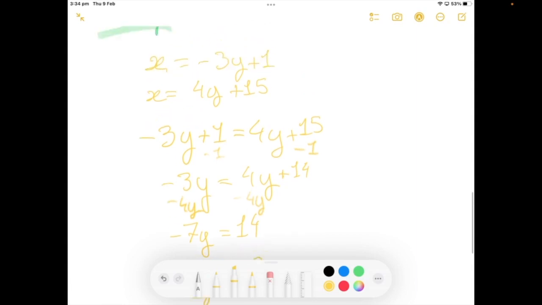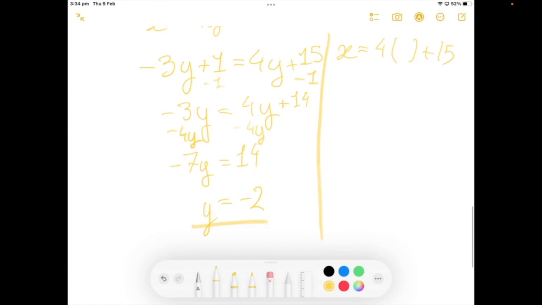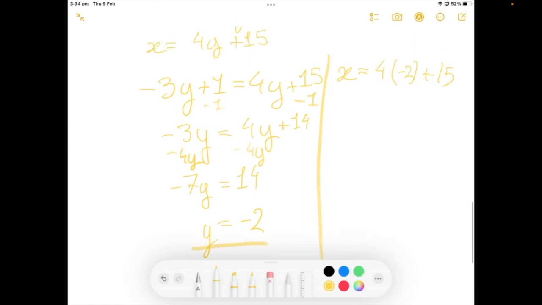Now, as for the x, we just substitute it into 1. So x equals 4 times negative 2, which is negative 8, plus 15. x equals 7.